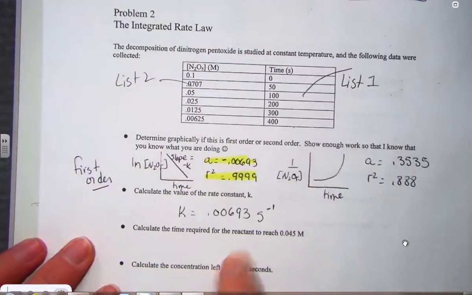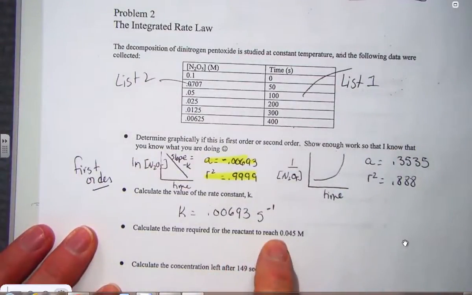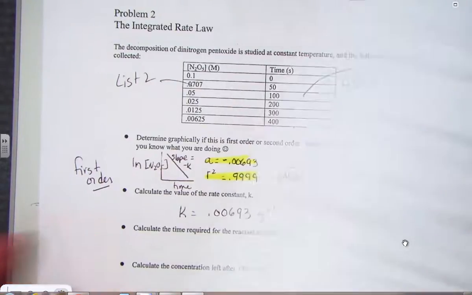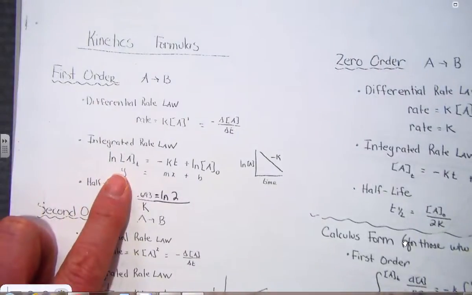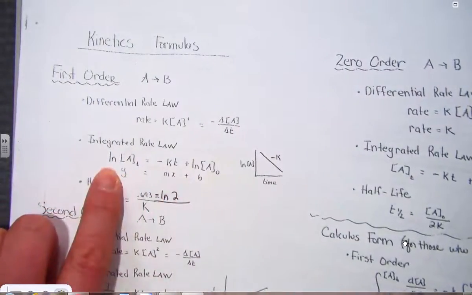Calculate the time required for the reactant to reach 0.045 molar. And so here, because we know it's first order, we go to our integrated rate law for first order reactions.